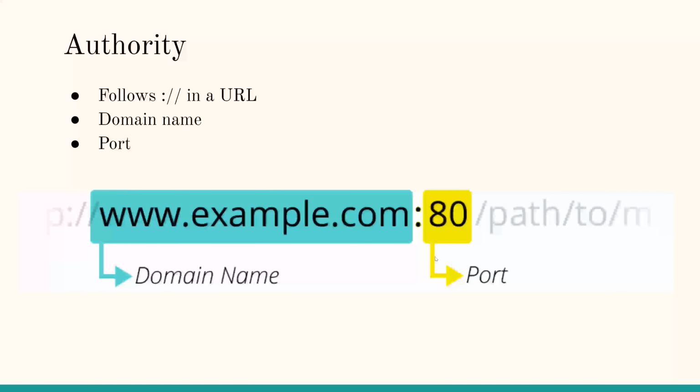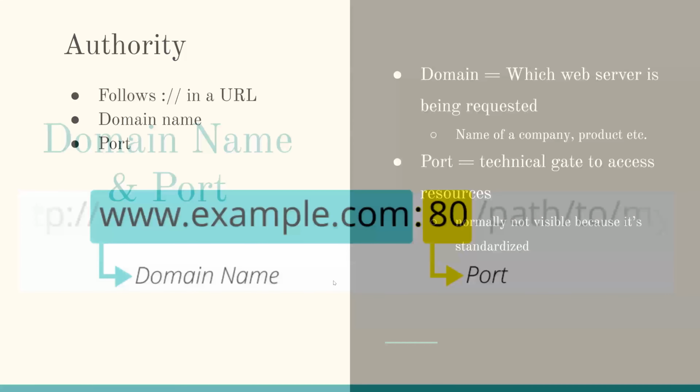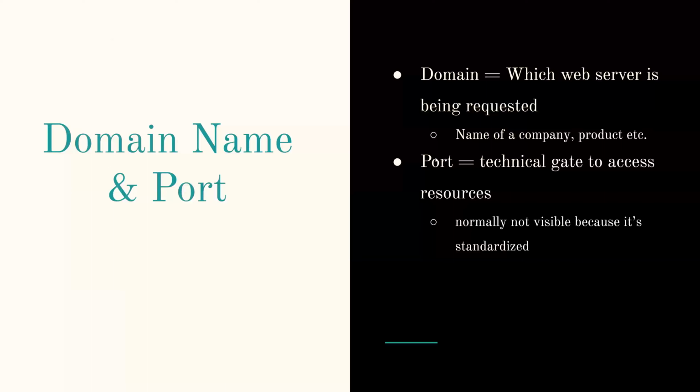Now, the second part of a URL is the authority. So we have the scheme, HTTPS, then you have a colon, two backslashes, and then the domain name and port. Now, the port usually isn't shown. Most of the time, all you'll see is the domain name. And the domain name is telling you which web server you're requesting.